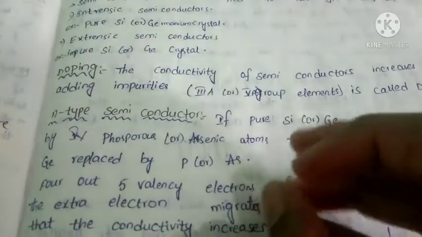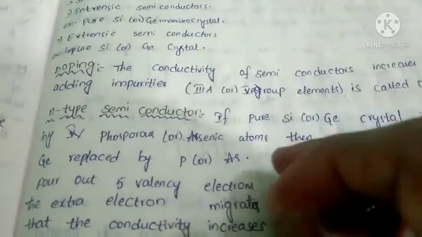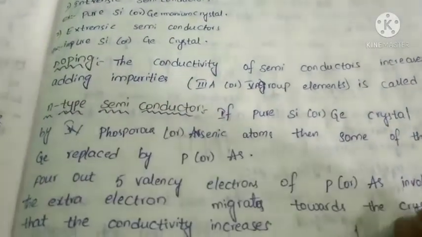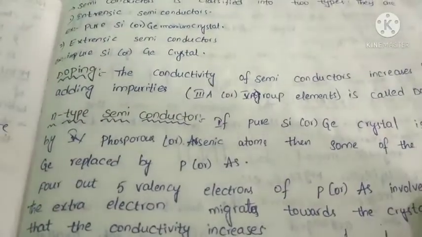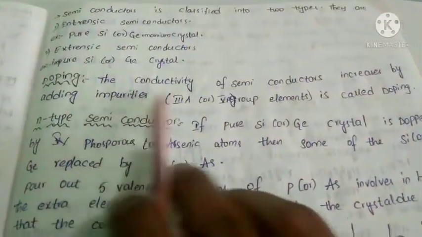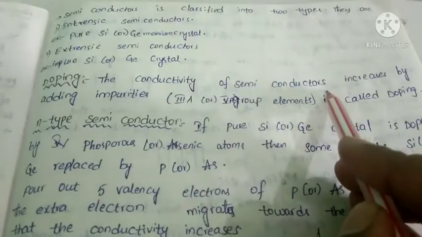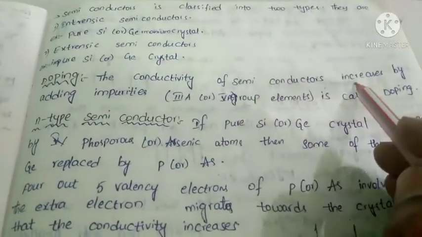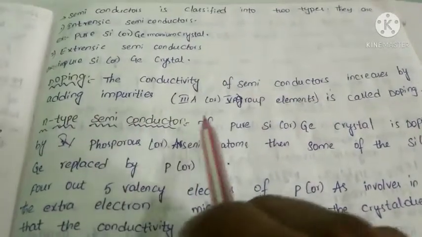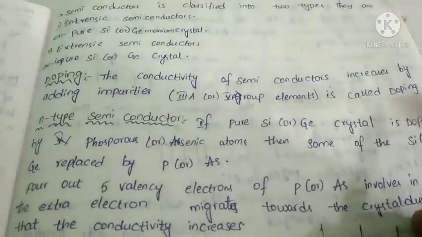To increase conductivity of the given crystal, we should add some impurities. That process is called doping. So that is an important definition for 1 mark. The conductivity of semiconductors increases by adding impurities. Adding impurities is called doping.